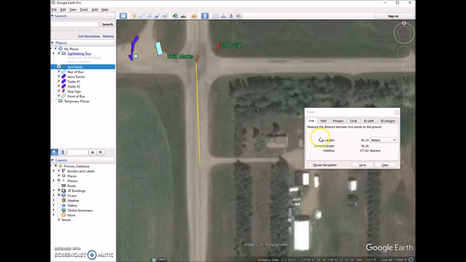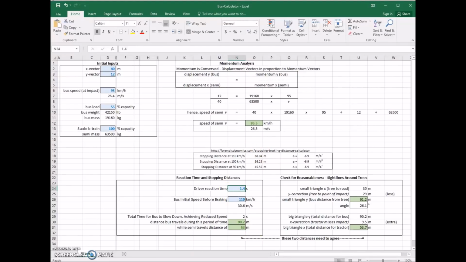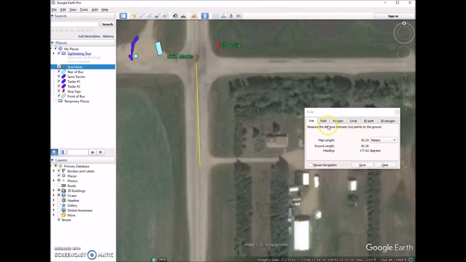Like that. And the truck driver, 53 meters. And both of those match, so it's mathematically plausible. And the tractor, because the first trailer is hit, the tractor's here.